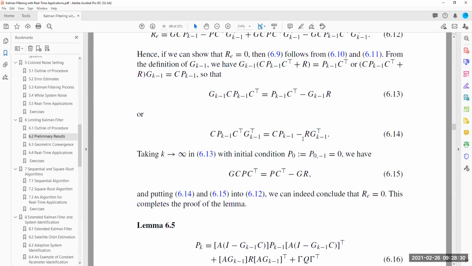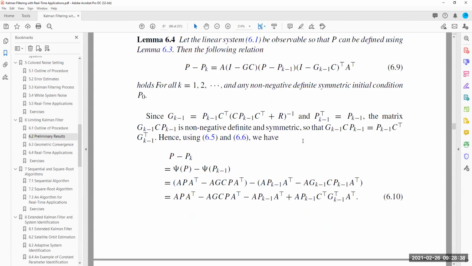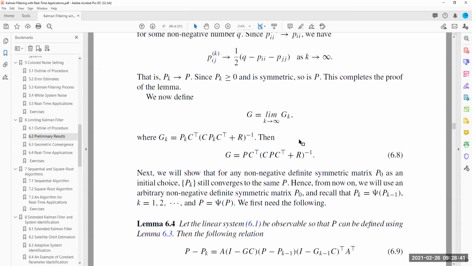Then let's go back to here. Okay. Since we find the P exists, then the same for the G matrix. So the GK is defined in this equation.